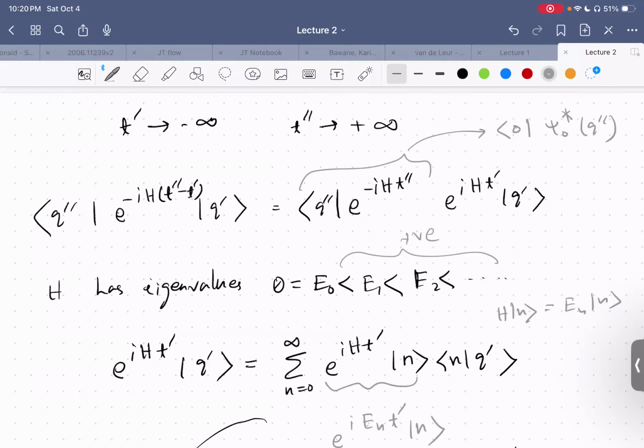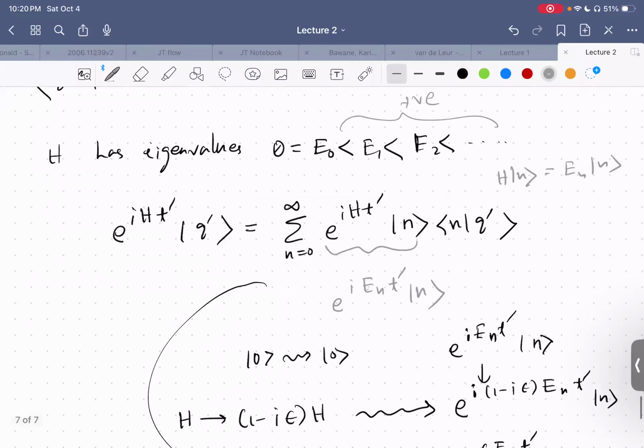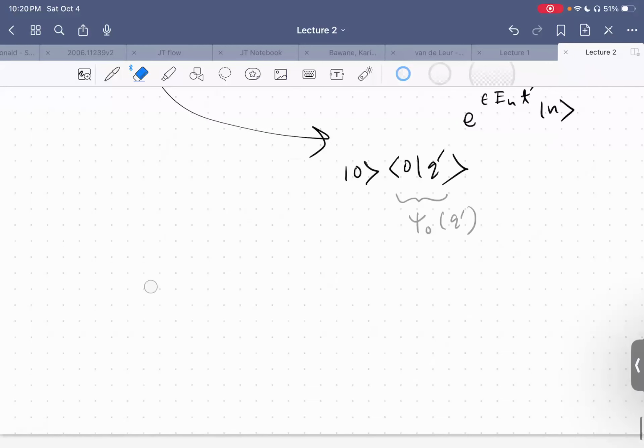All right. So what you end up with in that limit, you can start from any transition amplitude, Q double prime, T double prime, Q prime, T prime.